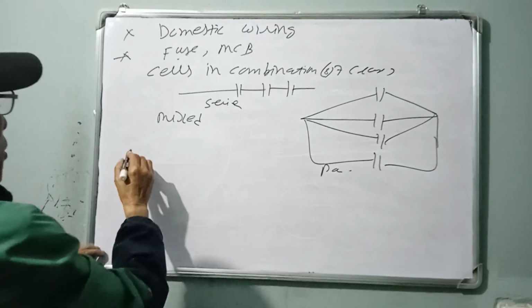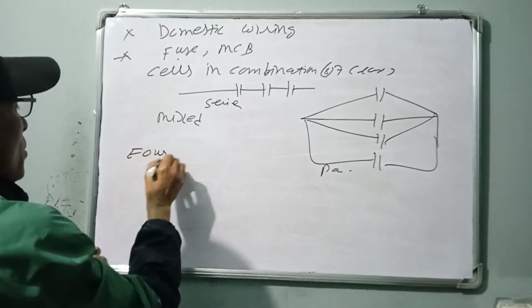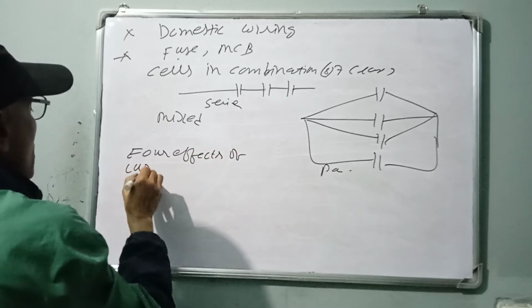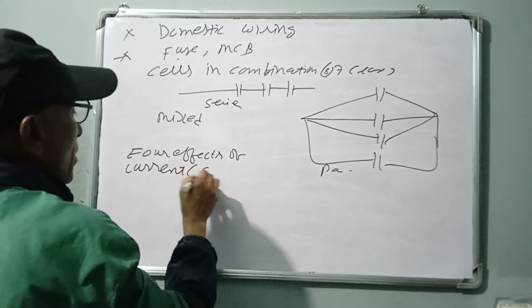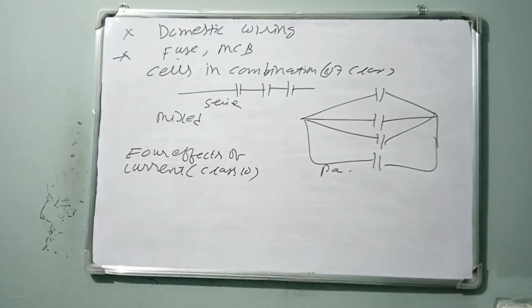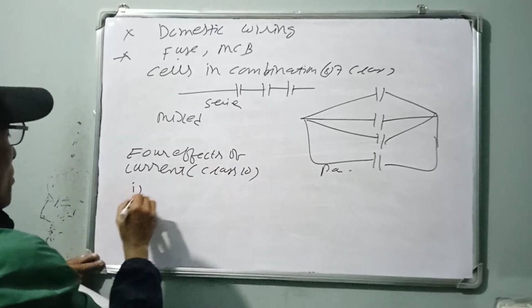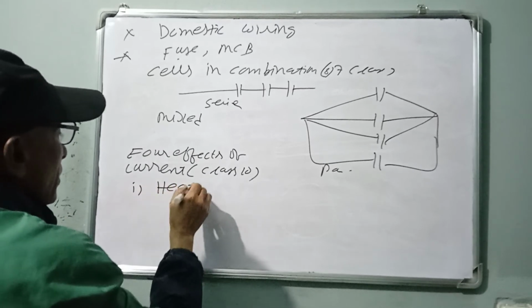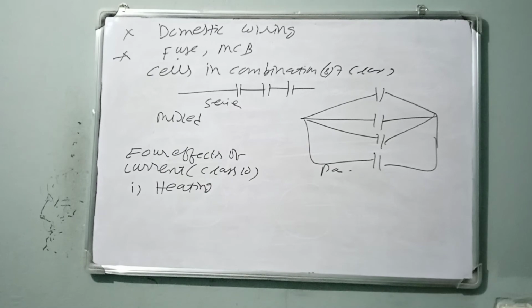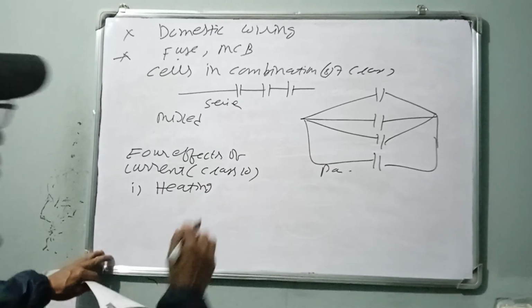Another is the 4 effects of current. It is for class 10. There are 4 effects of current. Of the 4 effects of current, number 1 is the heating effect.